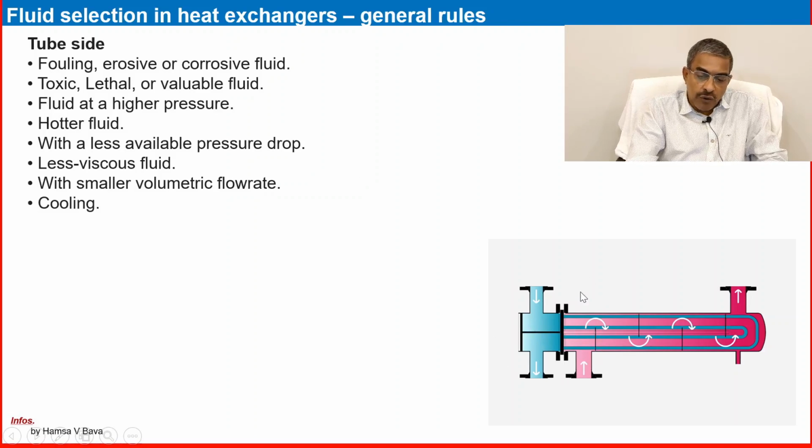So we always install a pressure gauge for local reading and a pressure transmitter for remote reading and indication on the tube side, and on the shell side also we keep temperature and pressure gauges, on both tube side and shell side. Then we can easily monitor the pressure and temperature performance of the heat exchanger, and quickly get an idea of any abnormality happening in the tube side and shell side.